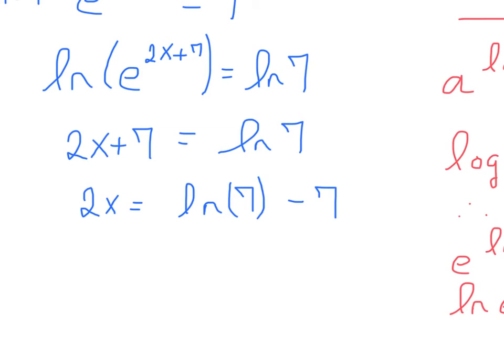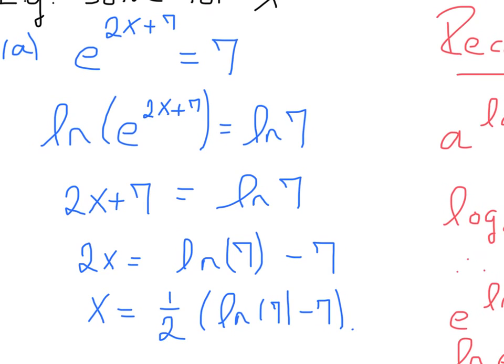And now to get x, we can just divide both sides by 2. x is equal to 1/2 of the log of 7 minus 7. That's all there is to it. So the point is, if you wish to get rid of an exponential function, you just take logarithms.